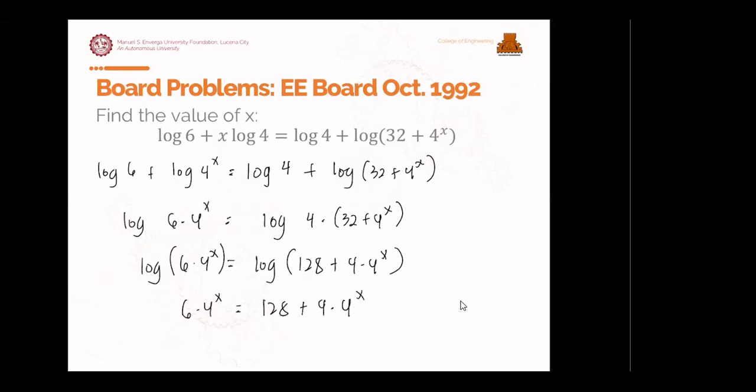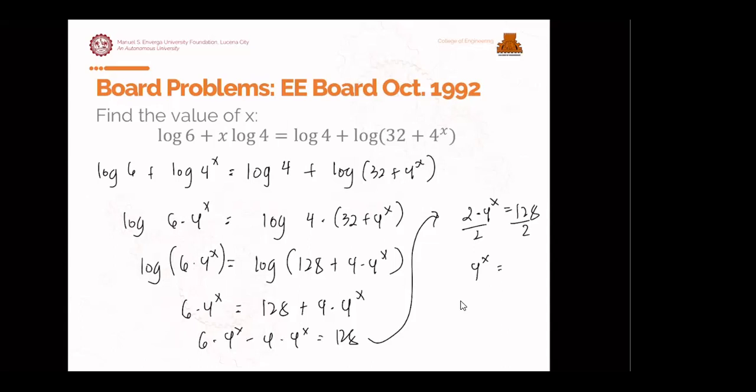Okay? And then, itong 4 raised to x, same variable siya dito. Pwede natin i-transpose dito sa kabila. Okay? So, we have 6 times 4 raised to x minus 4 times 4 raised to x is equals to 128. This will be 2 times 4 raised to x is equals to 128. Divide natin both sides by 2. We have 4 raised to x is equals to, ilan to?